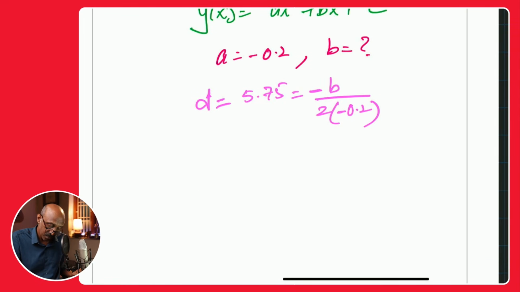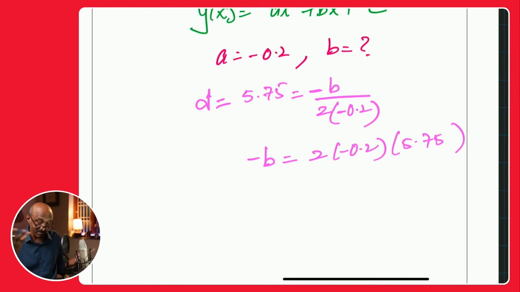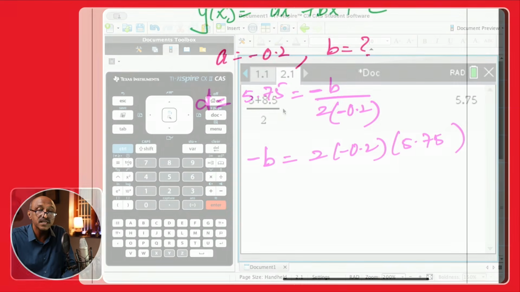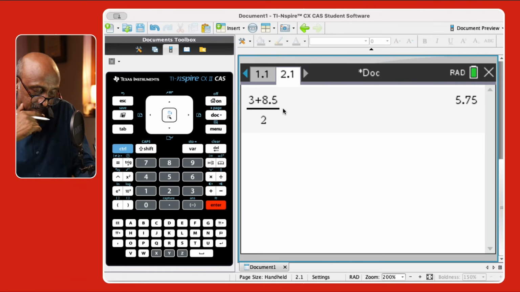All right, so what happens here now? So we can write this as, okay, negative b is then equal to 2 times negative 0.2 times that 5.75, and of course you have negative values on either side which will cancel off, and then b equals, you can find the value. So let's just switch back to our calculator to do that calculation.